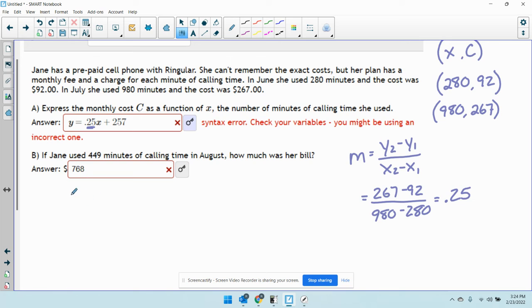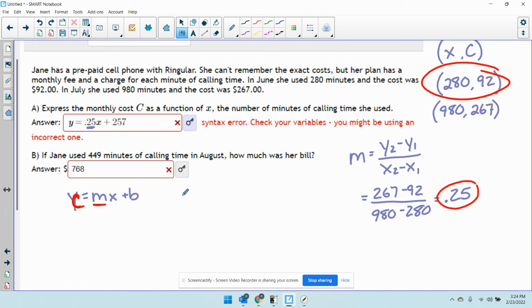So I have an equation that looks like this. y equals mx plus b. I have my m. Boom, right there. I have two combinations of x and y, or x and c in this case. This should be c. So I'll take either one and then solve for b. I'm going to take this first one here.